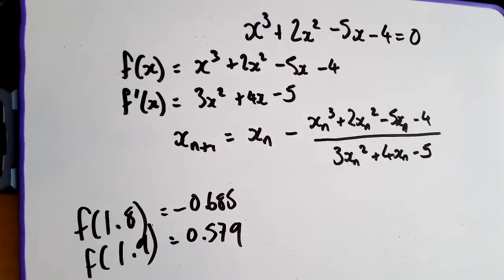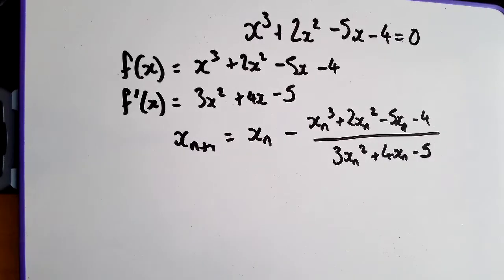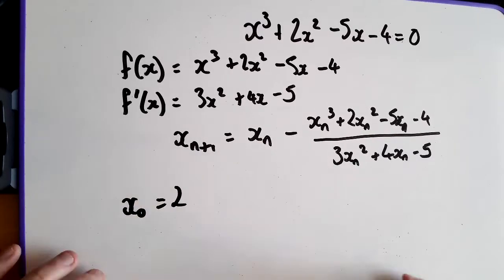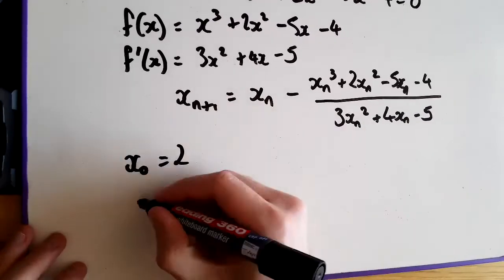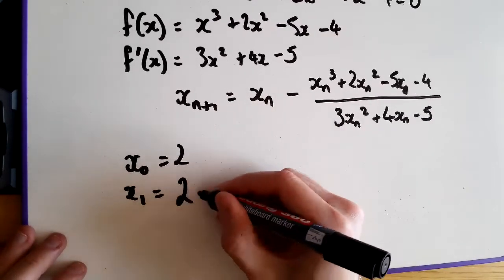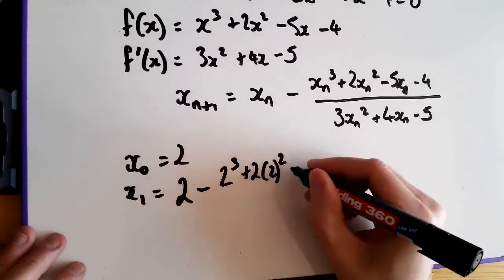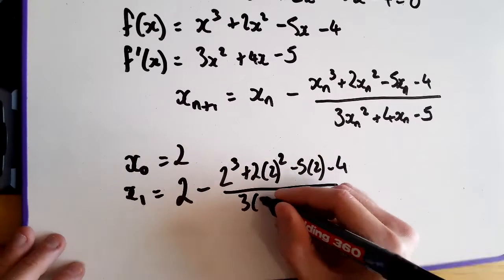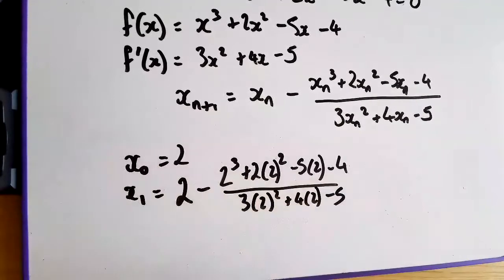So just to keep the numbers nice, I'm going to start off with my first approximation, and we normally call it x0 when we use Newton-Raphson. x0 is 2. So to get x1, we would use this formula. So x1 would equal 2 minus 2 cubed plus 2 times 2 squared, take away 5 times 2, take away 4, over 3 times 2 squared plus 4 times 2, take away 5.